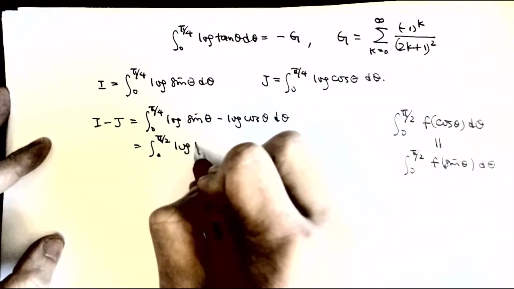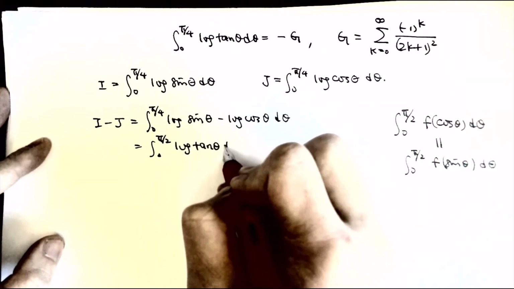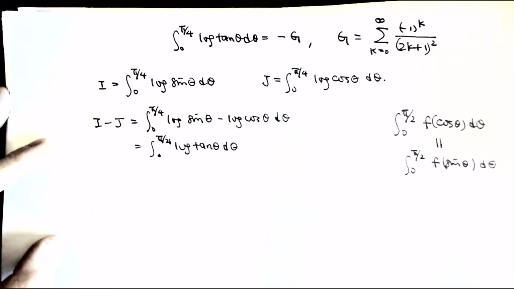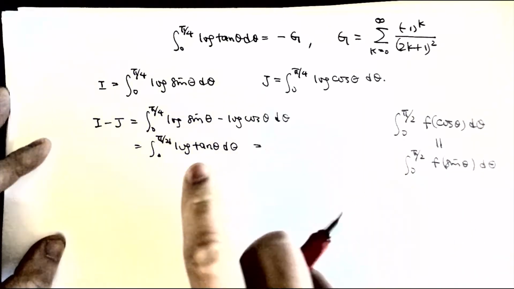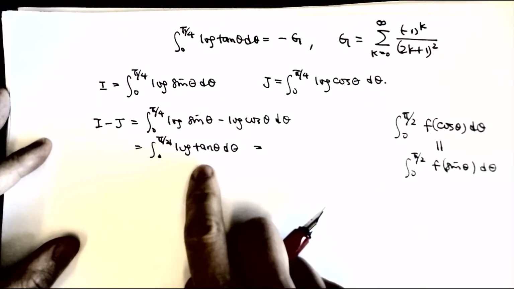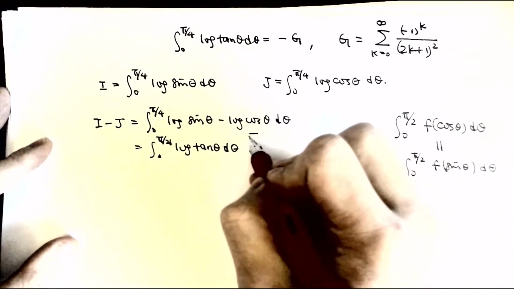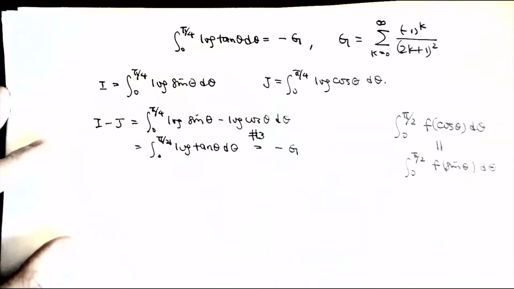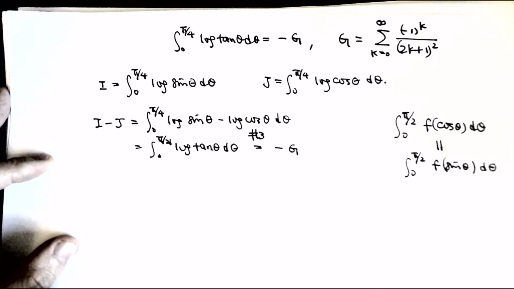So basically this is just the integral of log tangent theta from 0 to pi over 4. This integral is already known; we evaluated it in the previous video, number 3, and the answer is minus G.